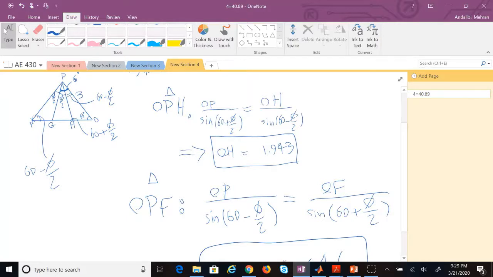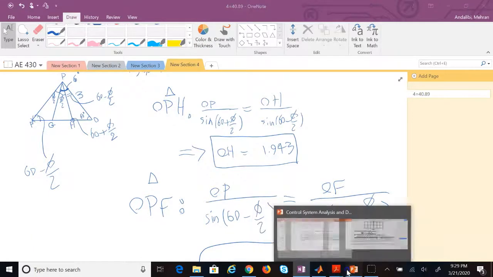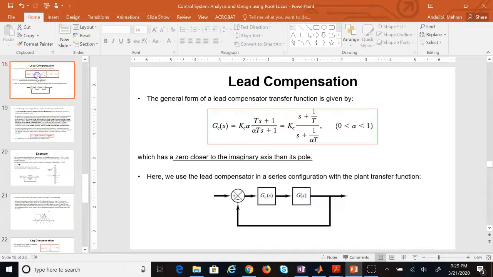Now that I know this, what is the location of the zero of a lead compensator? If you go back and look at the formula, the location of the zero is what? Negative 1/T, when the numerator goes to 0. And where is the pole? Negative 1/alpha T, right?